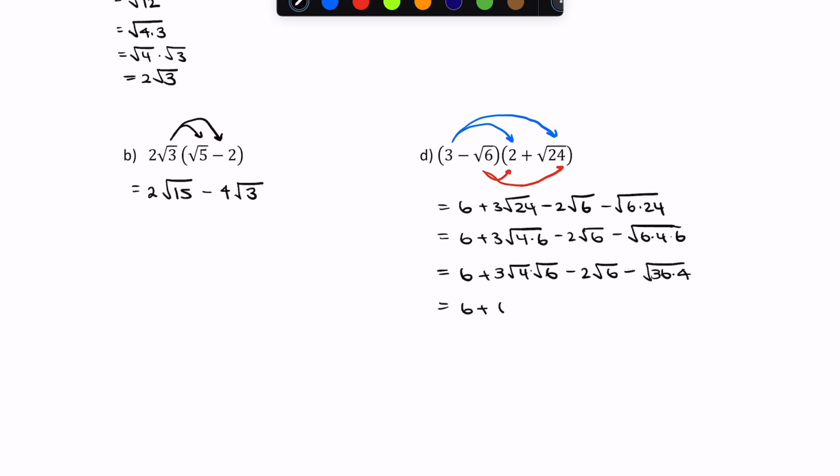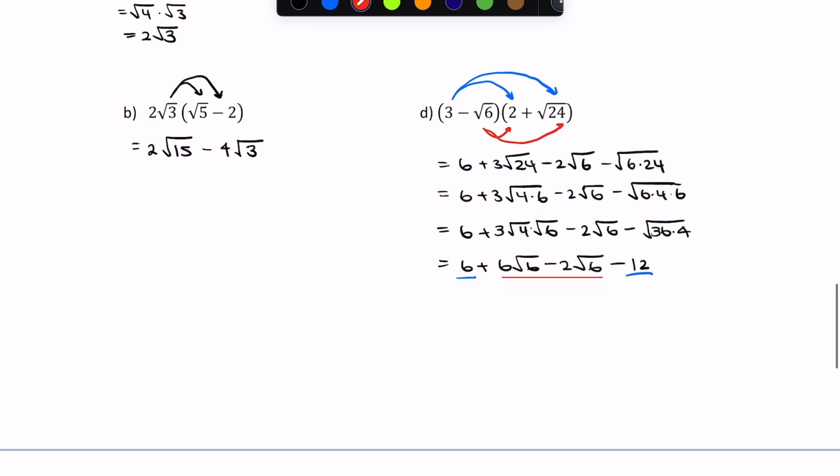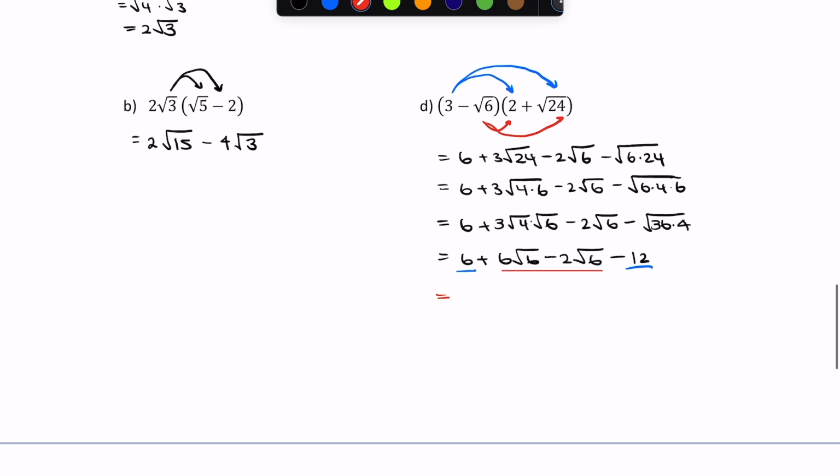So 3 times 2 will give us 6 square root 6 minus 2 square root 6 minus, so square root 36 would give us 6, square root 4 would give us 2, so multiply those together, gives us negative 12. Now we can combine everything that are like terms and like radicals, so we get a final answer of 4 square root 6 minus 6.